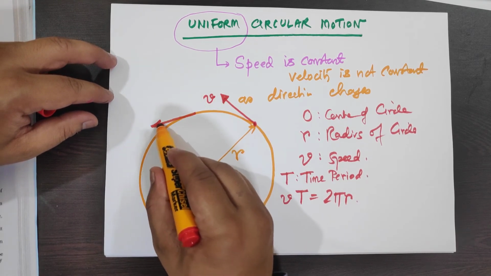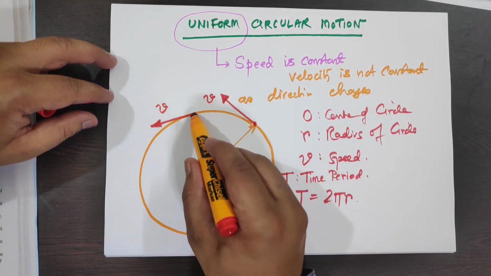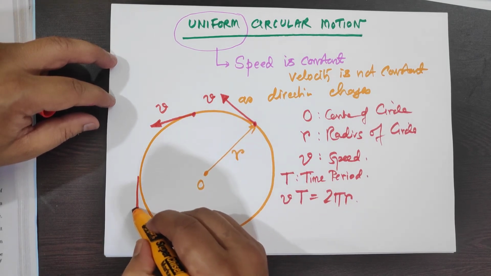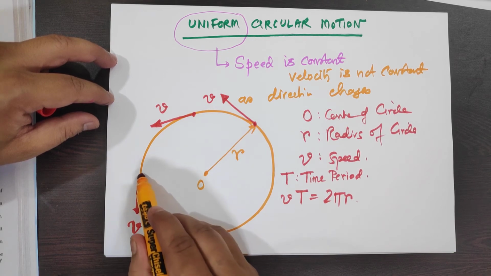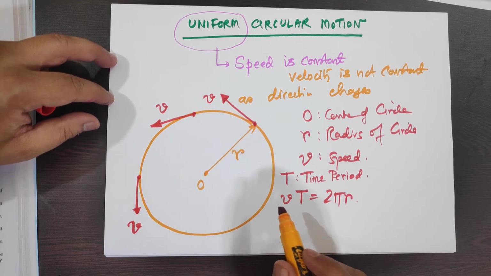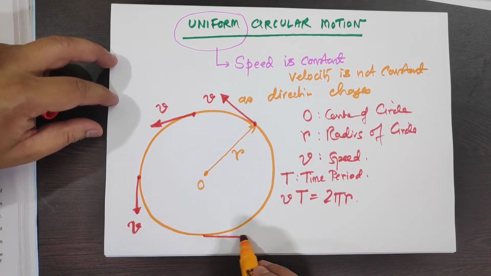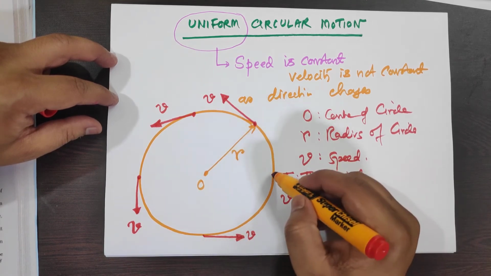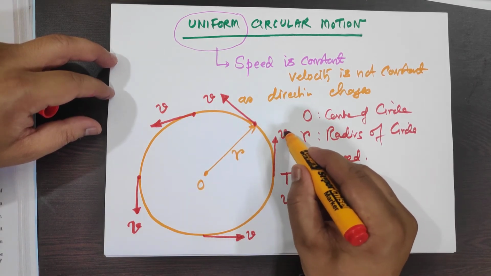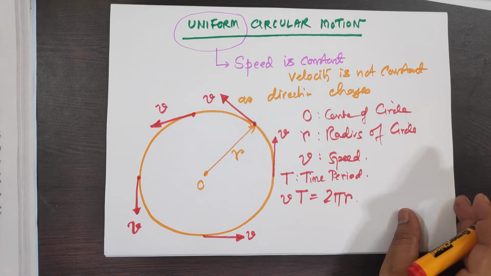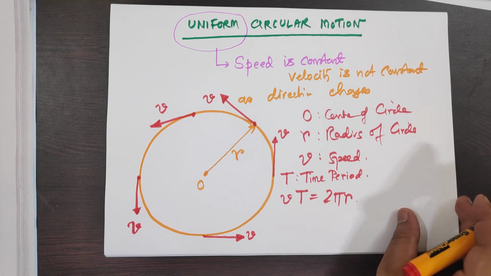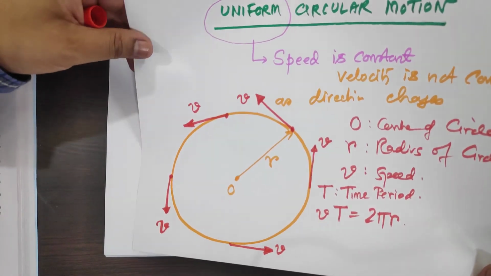See, the speed is constant but the direction changes. Direction changes means the velocity is not constant, right? So these are the velocities at different times.